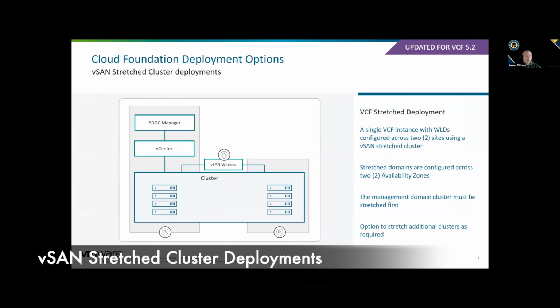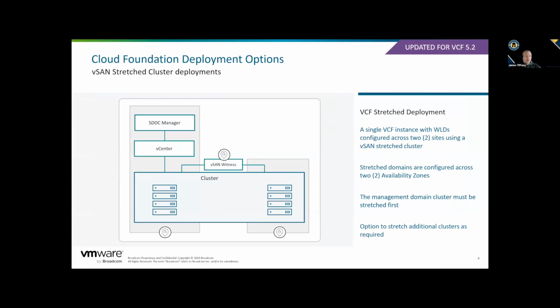So as part of the configuration is the ability to do a stretch cluster as well. And what that allows you to do is have an environment that is stretched over cabinets, environments, data centers, depending on your design, based on some of the requirements around networking and things like that.